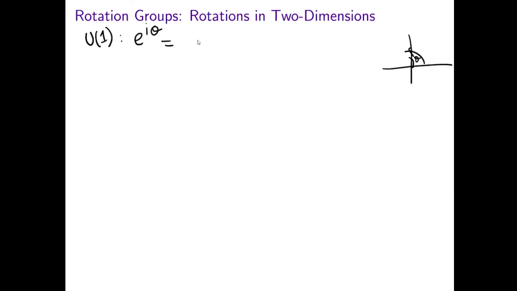Right? And e power i theta can be written as cos theta plus i sin theta. Now, here's the thing. I can sort of rewrite this as I cos theta plus small i sin theta. I'll get to what these mean.